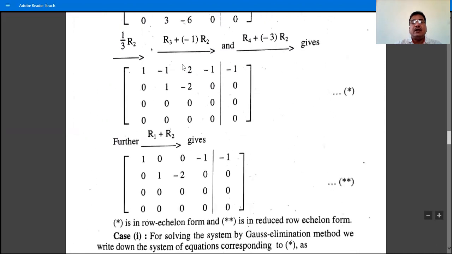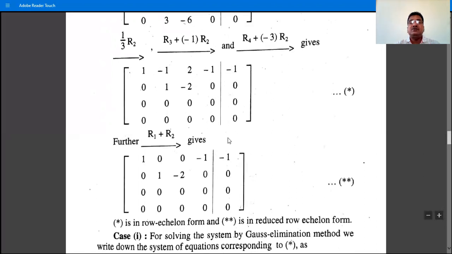If we observe the echelon form of the matrix AB, this whole matrix is the echelon form of the matrix AB. This is a non-zero row, this is a non-zero row, and the remaining 2 rows are zero rows. So rank of AB is 2.